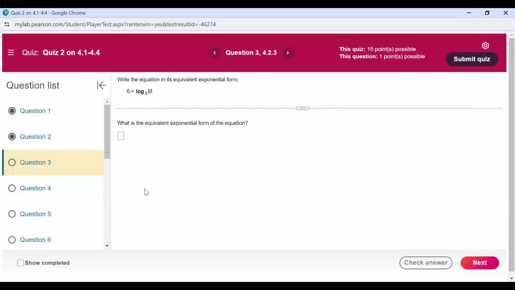Okay, for this one, what's the equivalent exponential form? It's from logarithmic form. So you get the base, and then you raise it to the exponent, and then we set it equal to n.